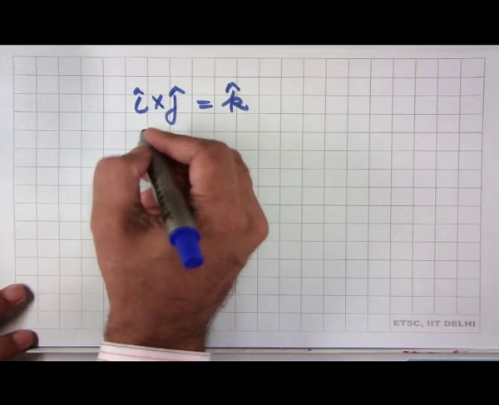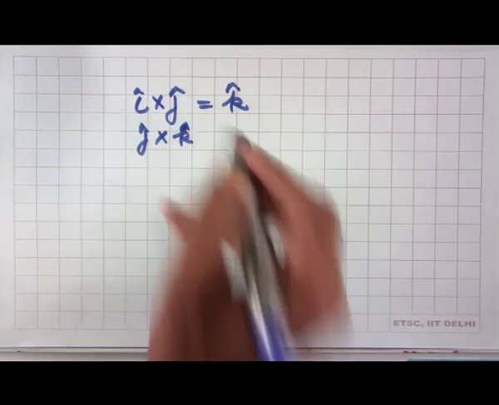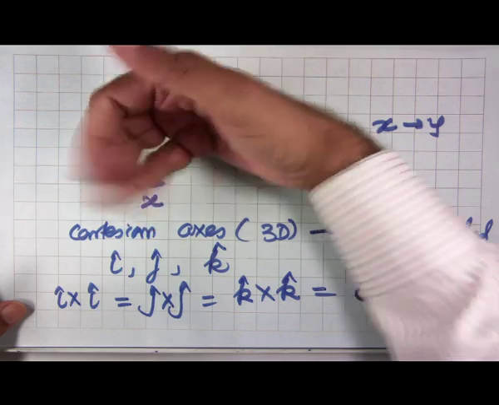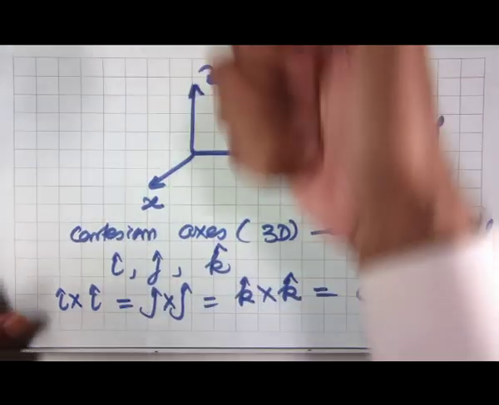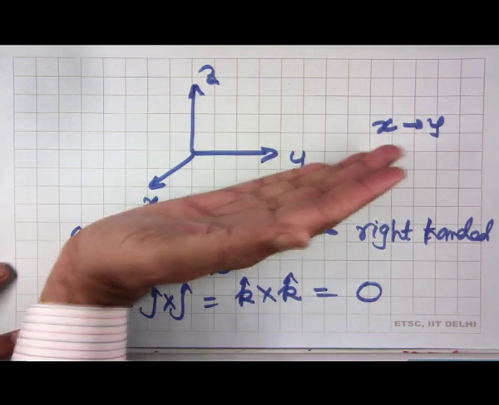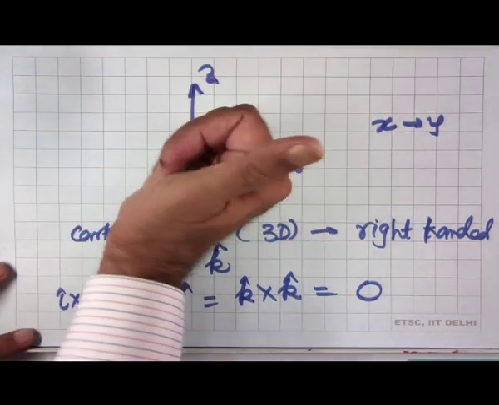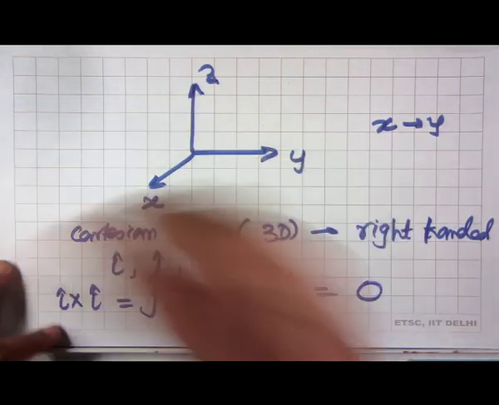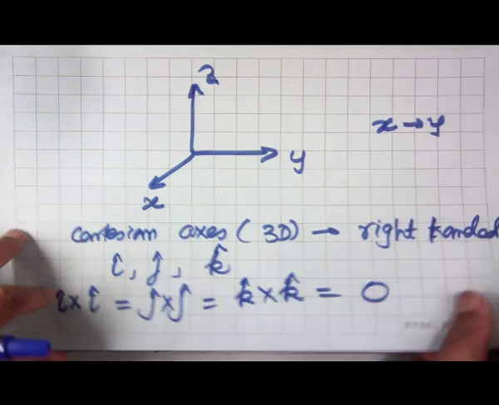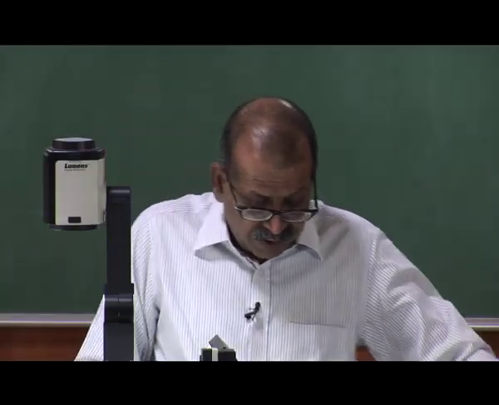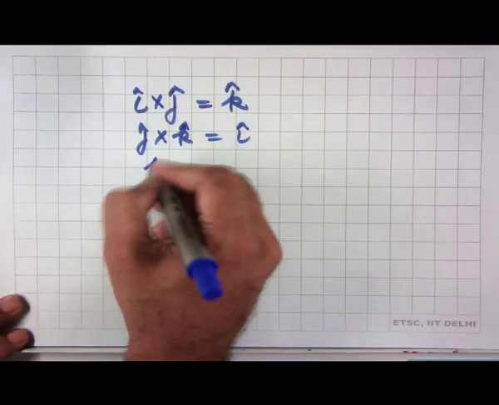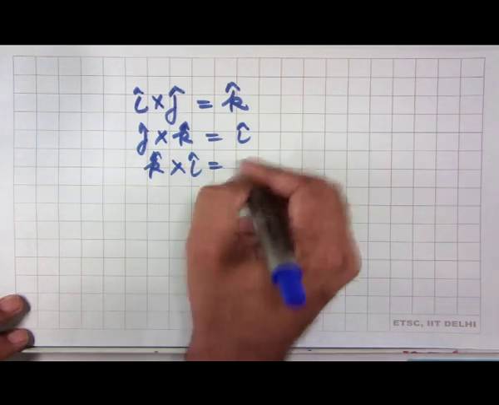If I go from x to y, I point in the direction of z. Similarly, if I go from y direction to z direction, if I curl my fingers, then I am pointing upwards, which is the x direction, and if I go from z to x, I am pointing in the direction of plus y. So, we have j cross k is equal to i and k cross i is equal to j.